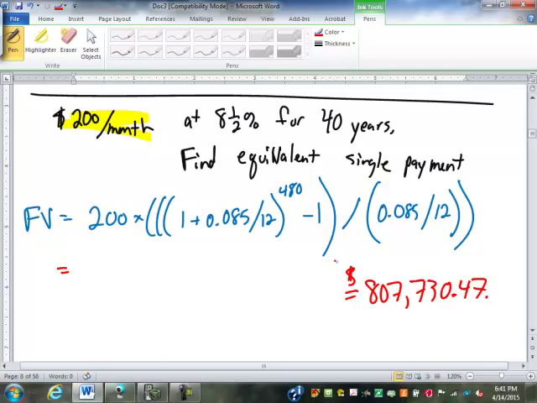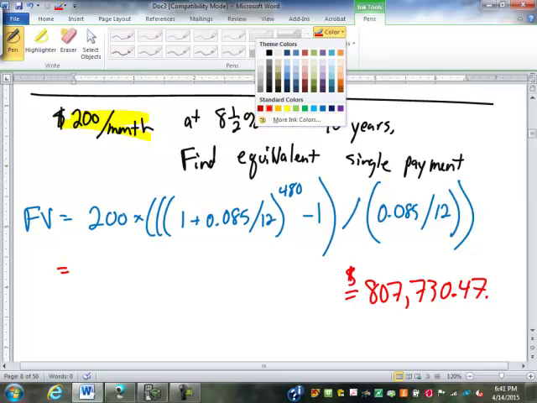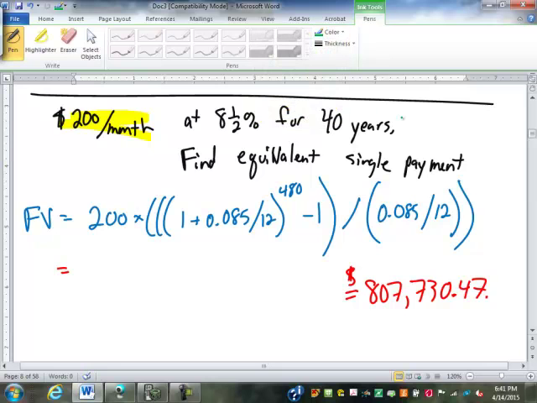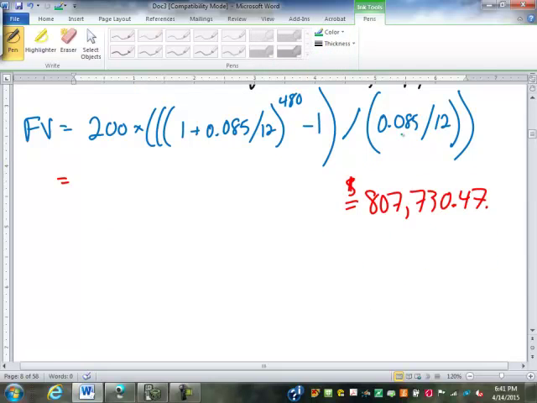That is the amount that you would have if you made that $200 a month for 40 years. So now let's go backwards and find the equivalent single payment. That was the equivalent present value.